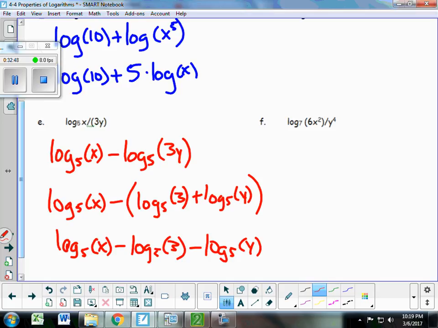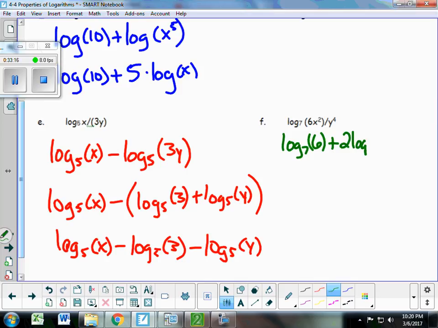And F is slightly different than E, so I'll show that one. This time we have the multiplication on the front end. So that's going to be log base 7 of 6 plus, because of the multiplication, and I'm going to actually bring that 2 out in front of this next one.